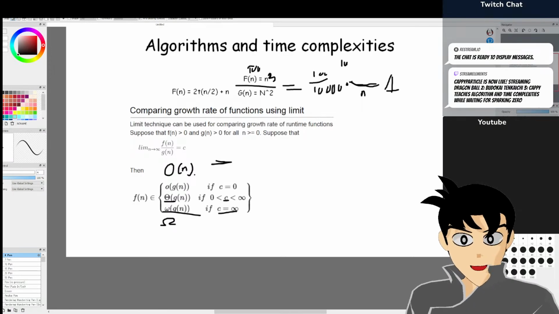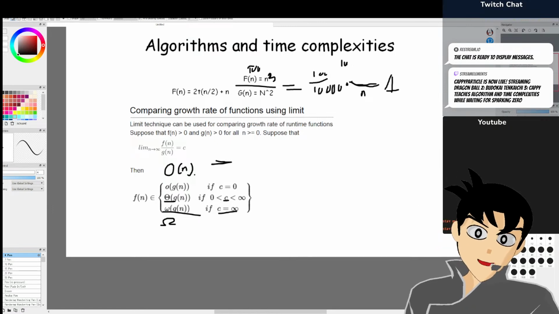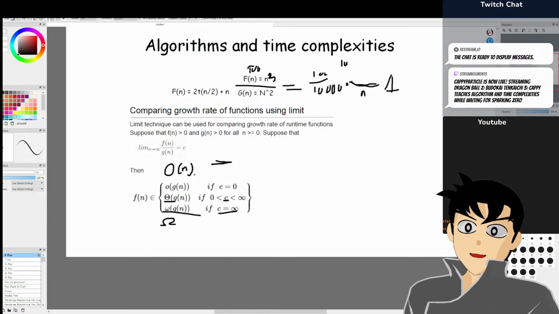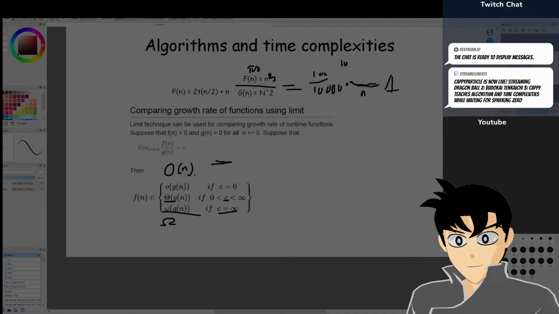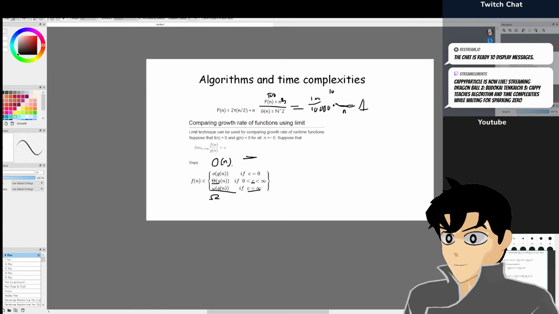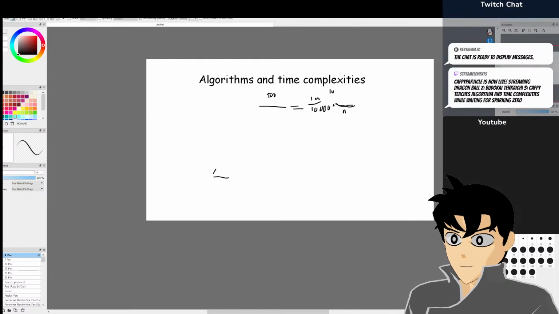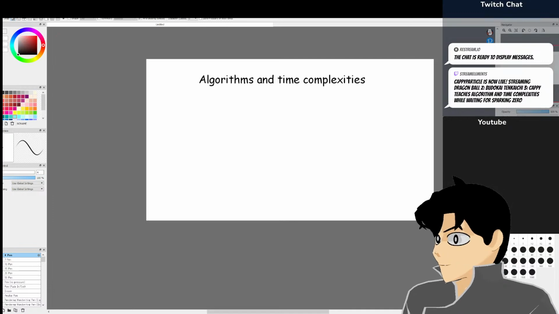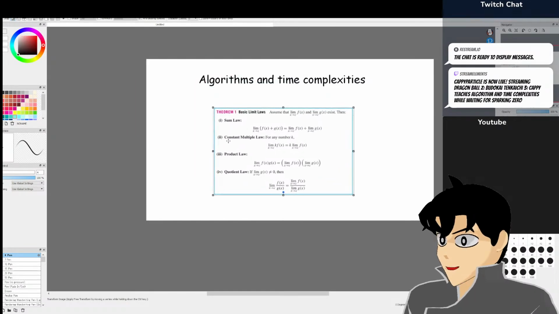Yep, there's limits. Okay, what's the next subject I have to teach about? Limit laws. Oh, jeez. Limit laws is basically algebra, more algebra, but with limits. Okay, basic limit laws.